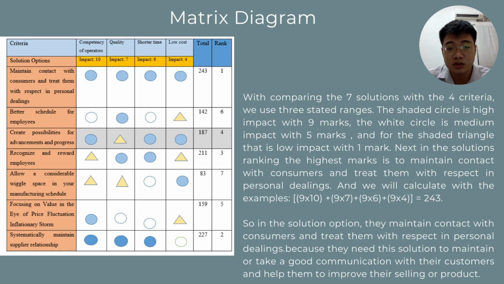Next, in the solution ranking, the highest marks is to maintain contact with consumers and treat them with respect in personal dealings, and we will calculate with the example: 9 times 10 plus 9 times 7 plus 9 times 6 plus 9 times 4. So the total will be 243.